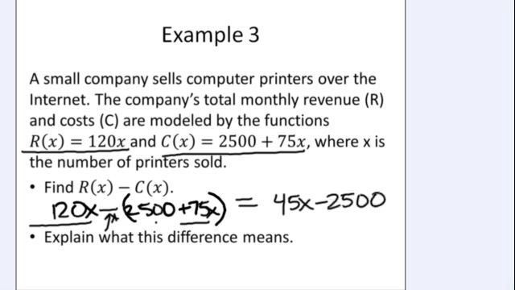And that is the revenue, the amount we bring in, minus the costs, the amount it takes to produce these printers. And next question, let's see, it says explain what this difference means.